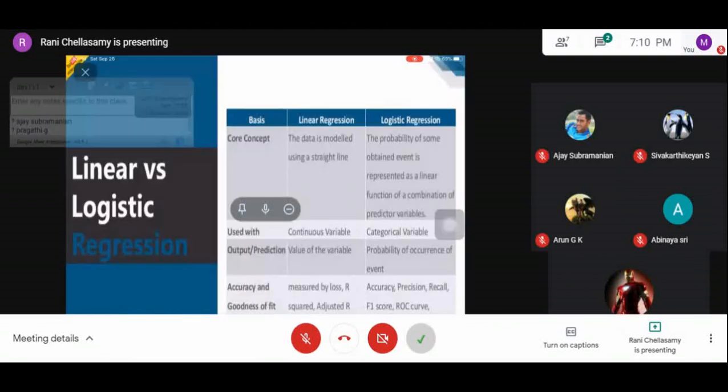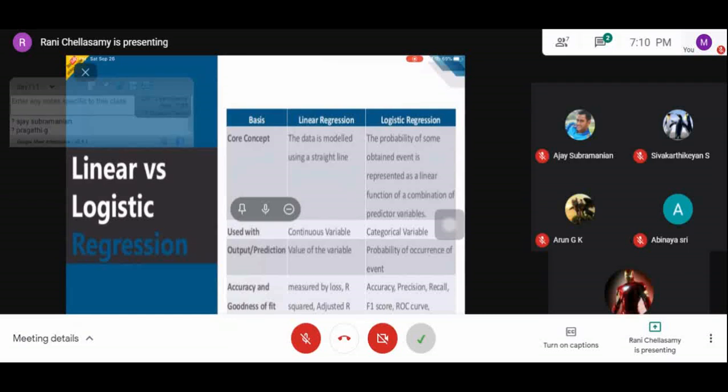So far we have seen these differences. The same thing is depicted here. See here, the accuracy and the goodness of the fit is measured in linear regression by R squared and adjusted R squared.